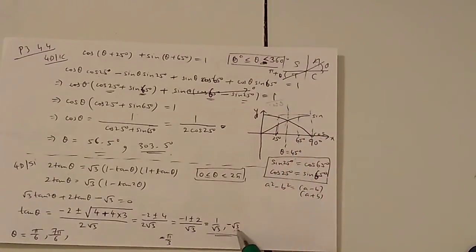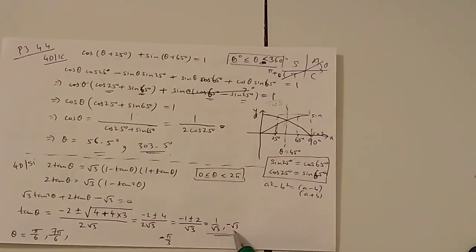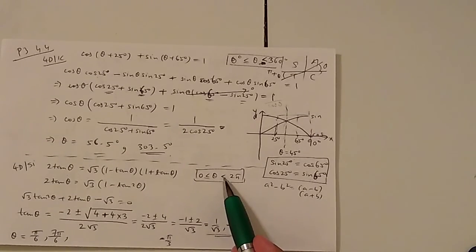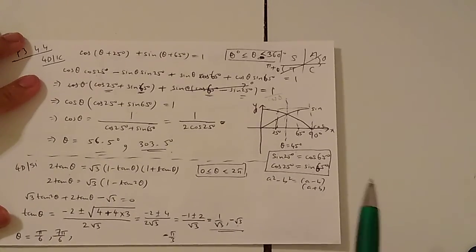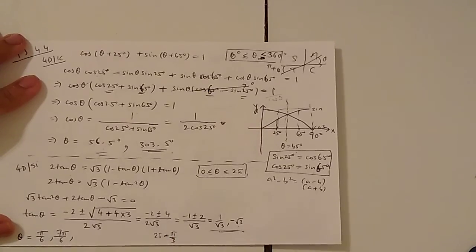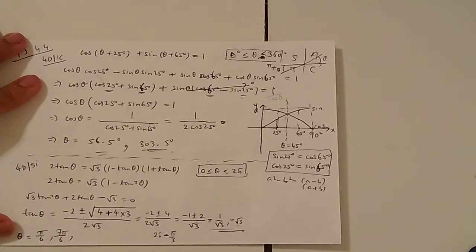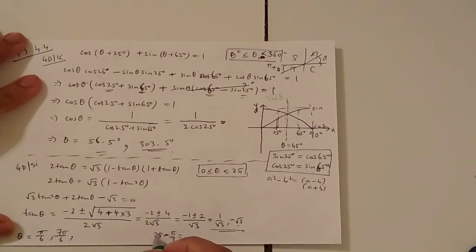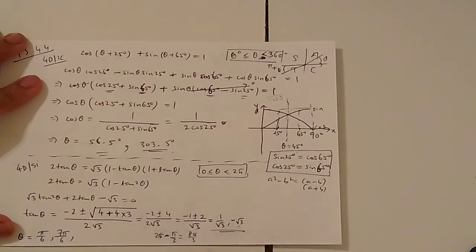If tan of pi by 3 is root 3, tan of minus pi by 3 is minus root 3. But minus pi by 3 is not in the range. Therefore, our first solution is going to be add 2 pi to this. 2 pi minus pi by 3, that is going to give us 5 pi by 3.